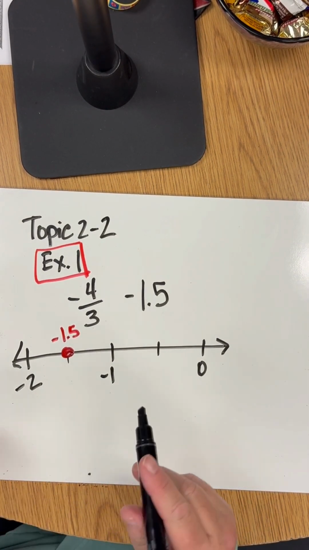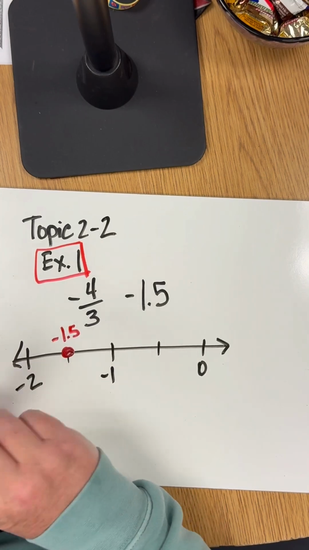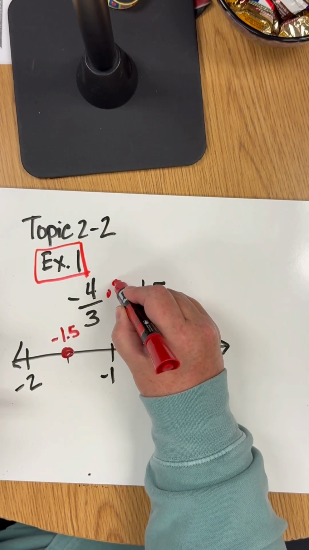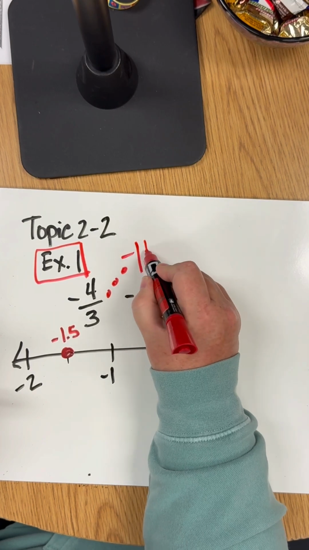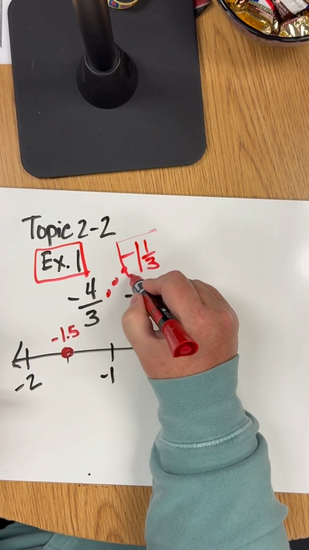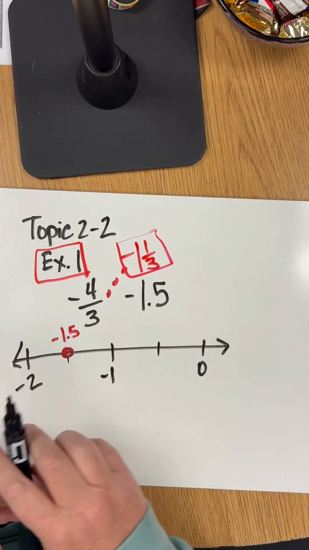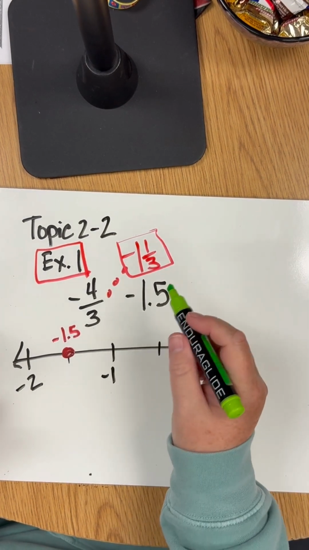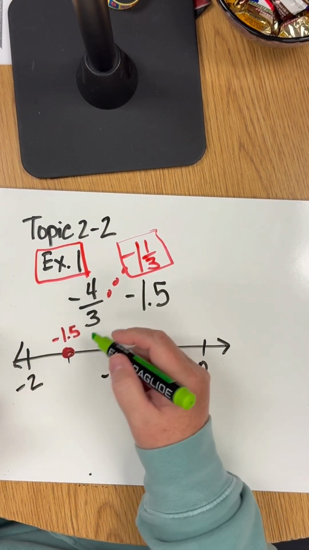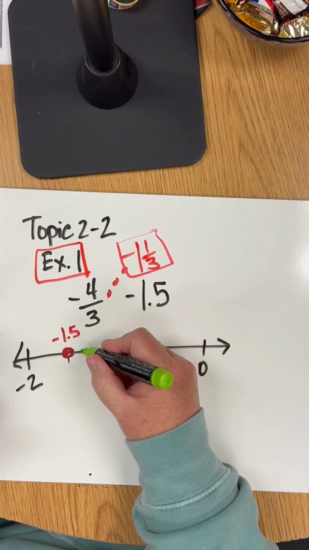Now -4/3, I'm going to switch that up, and I'm going to say this is just like saying 1 1/3. We're dealing with a negative. So I'm going to divide, I'll put this in a different color, I'm going to divide up this 1 to 2 by thirds.